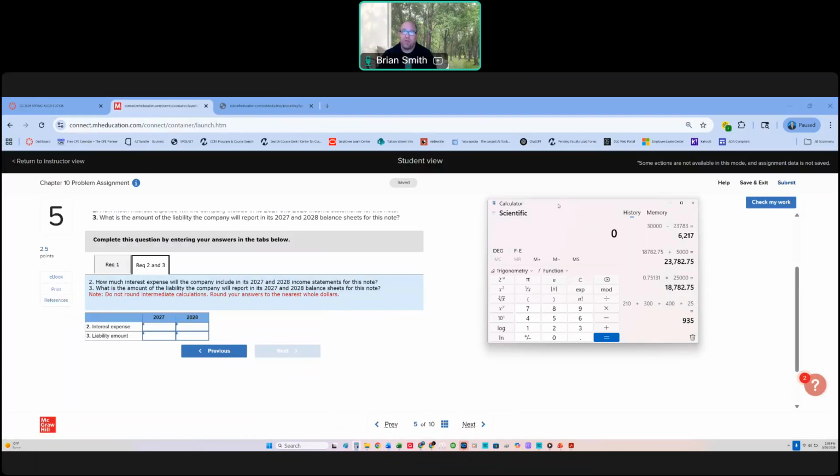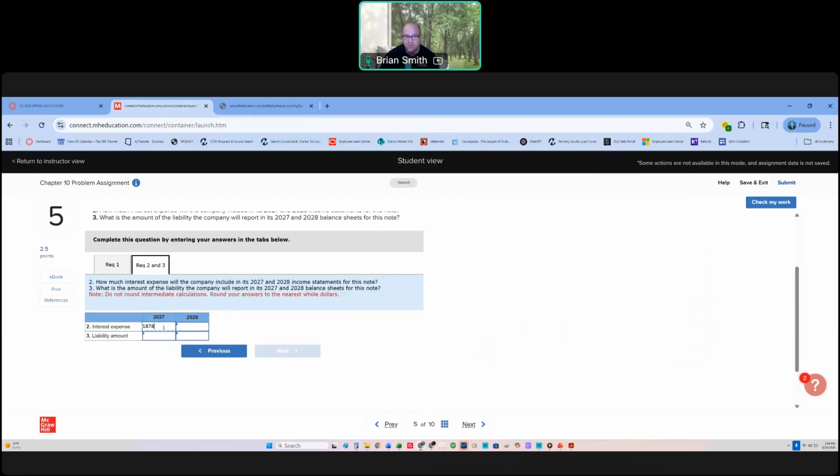All right. So our interest expense in 2027 is going to be the initial amount of the note part of it times the interest rate. I have here 18,783 times 0.1. So we're going to put in 2027 interest expense of 1,878.